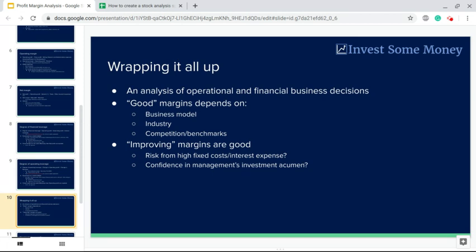So to kind of wrap it all up, a margin analysis is an analysis of the operational and financial business decisions that a company makes. Okay, the decisions on what they invest in large part, and investments, again, not in a traditional sense, not in the sense that you're doing an investment analysis on a stock.